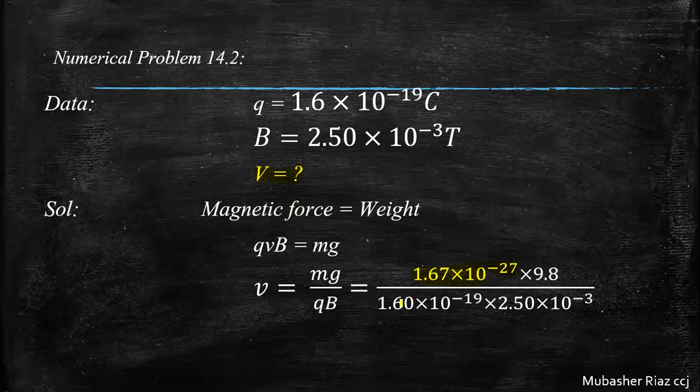Charge on the particle is 1.6 into 10 to the power minus 19, and strength of magnetic field is also given. So the velocity of this particle would be 4.09 into 10 to the power minus 5 meters per second. So this is the velocity of particle.